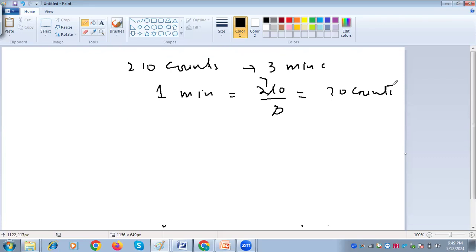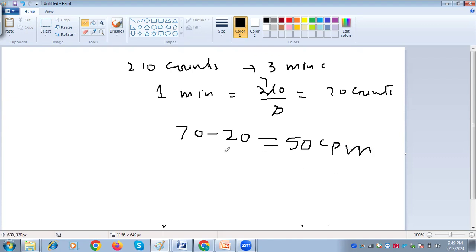Okay, so there are 20 background counts per minute. So 70 minus 20 is 50. The corrected count you were supposed to find out was 50 counts.